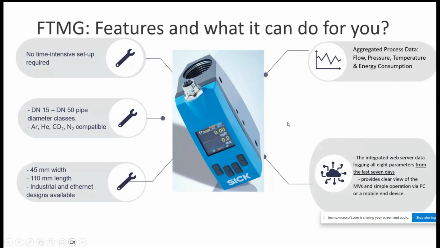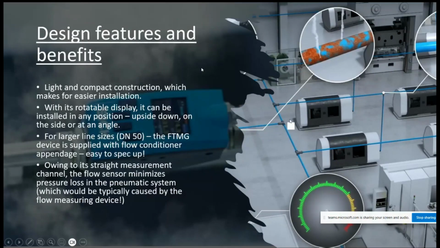So further design benefits, like we've seen before, it's light and compact, so it makes for easy installation. It has a rotatable display as well. So if it's in an odd position, and can't be helped, you can swivel that display and rotate it for your needs. Now, obviously DN50 is a 2-inch line.